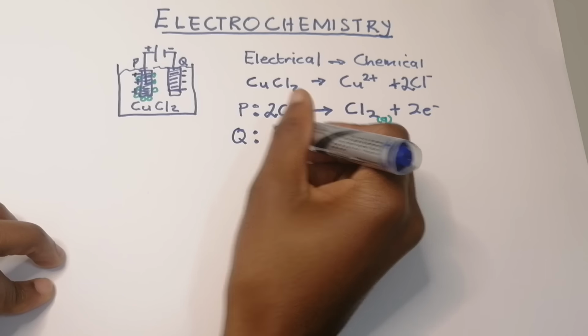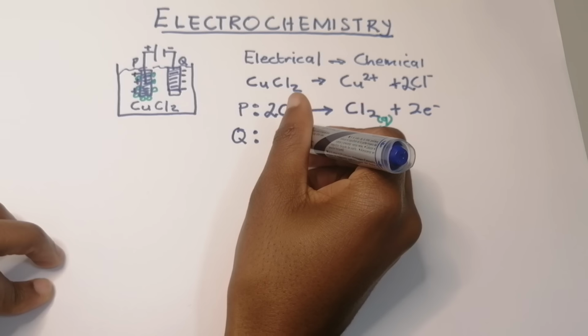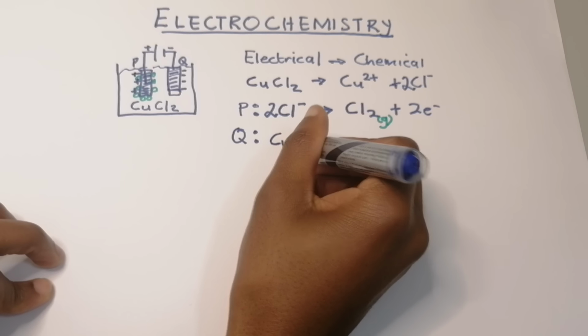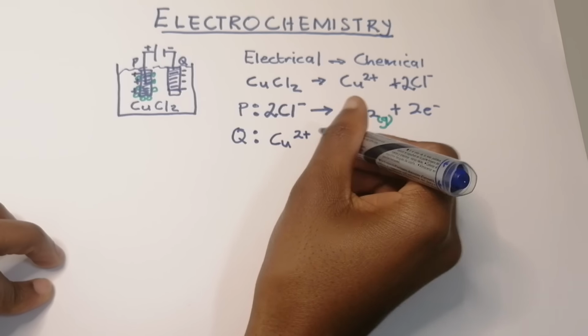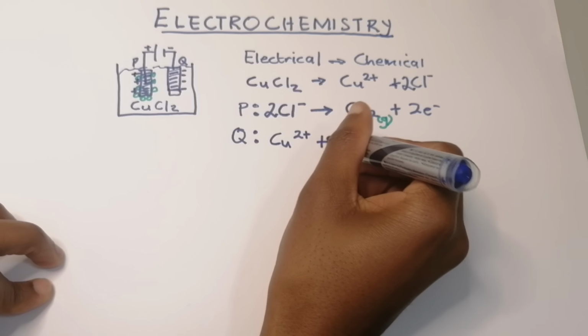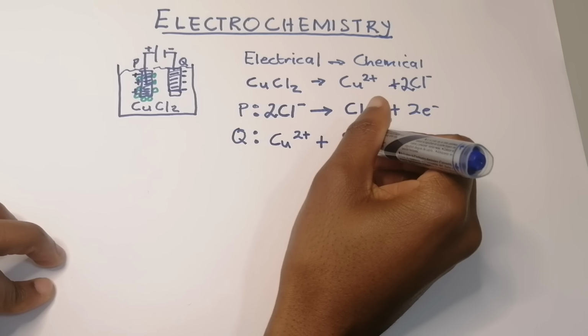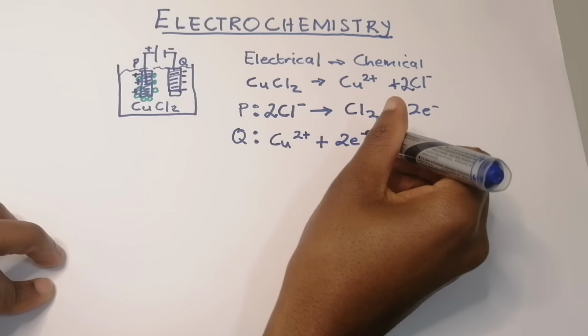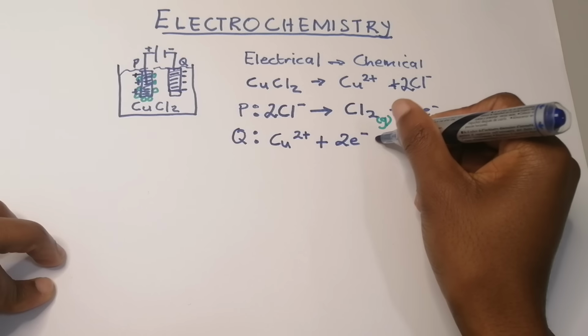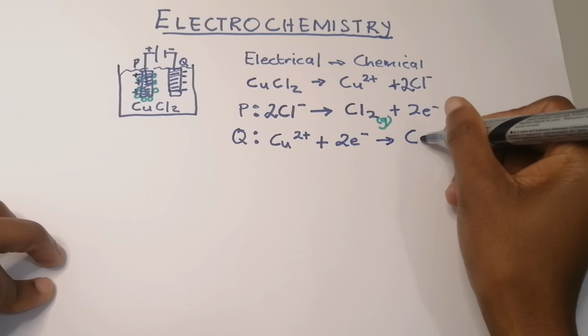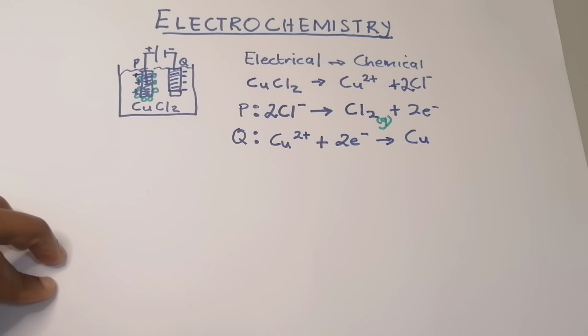This guy is full of electrons, so I'm going to have copper 2 plus. Your copper 2 plus ions are going to receive electrons, gain electrons and become copper. So they're going to change to copper again.